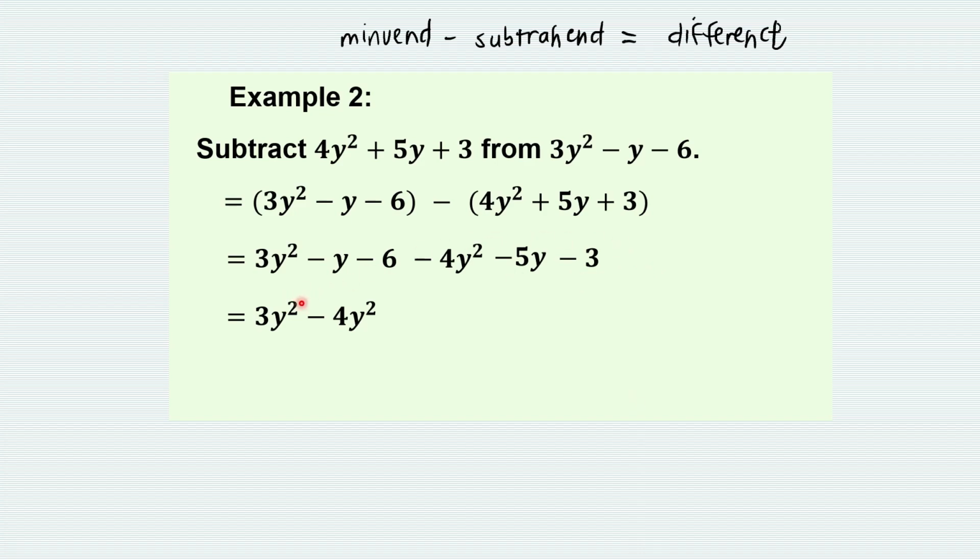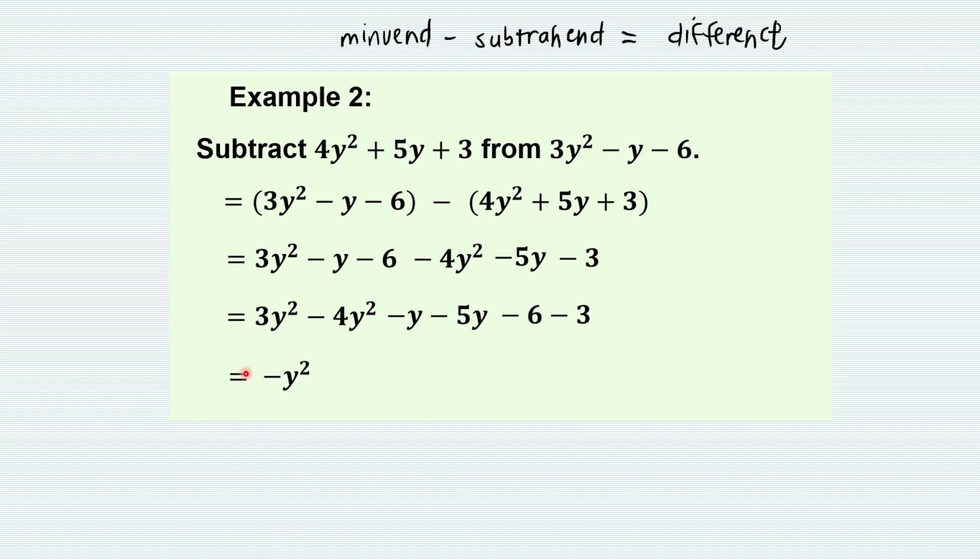Next, we combine like terms. We will have 3y squared minus 4y squared, and then negative y minus 5y. Next, we have the constants, we combine them, negative 6 and negative 3. And then after, we evaluate. 3y squared minus 4y squared, that will be 1, right? 3 minus 4, that is negative 1.